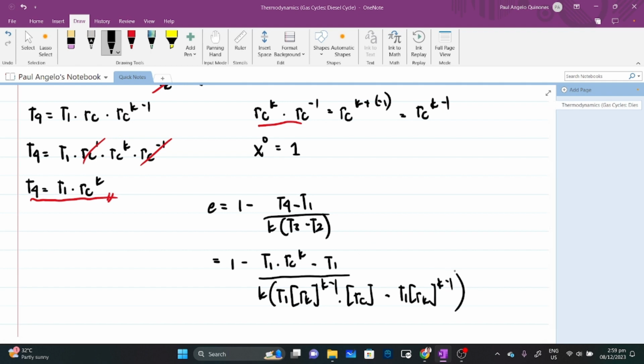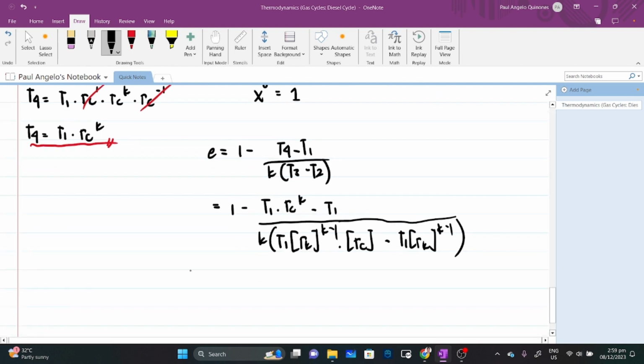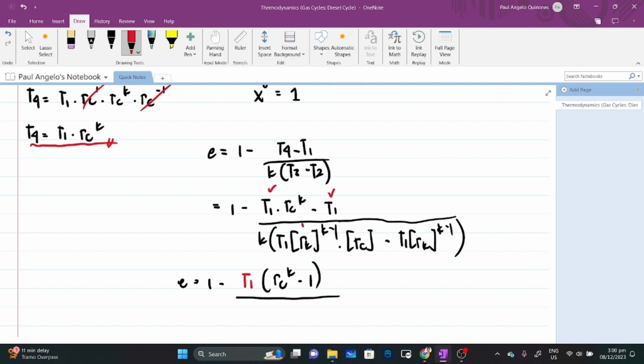Okay, so we can simplify this one by one. Let's start first with the numerator. Efficiency is 1 minus, in the numerator we have a common factor of T sub 1. So let's factor out T sub 1. We have T1, so that is quantity RC raised to K minus 1. Over, in the denominator we have a common factor of T1 RK raised to K minus 1, right? So we can factor that out.